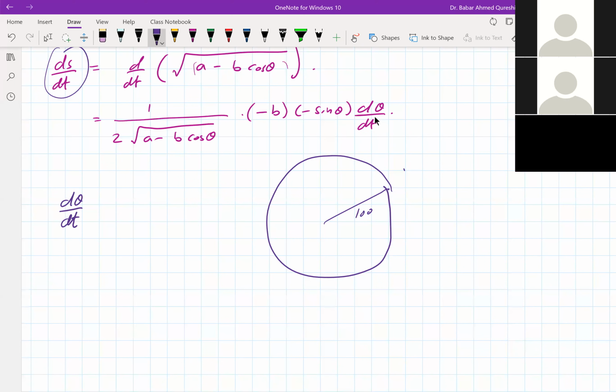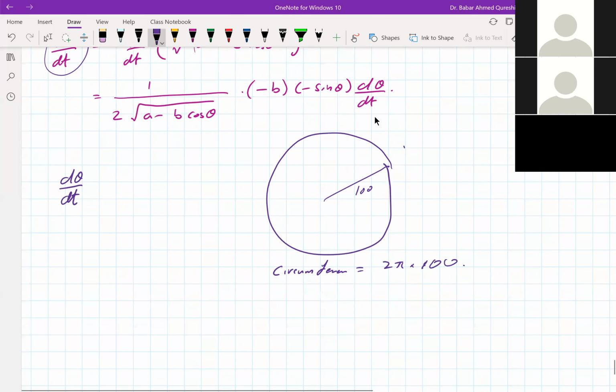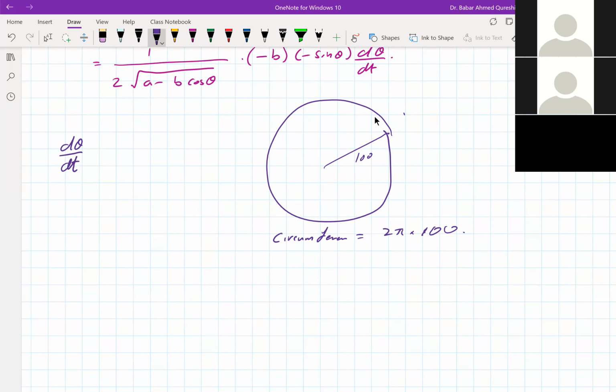So the circumference is 2 pi times 100. Was it 100 or was it 10? 100. And the speed is 7 meters per second.